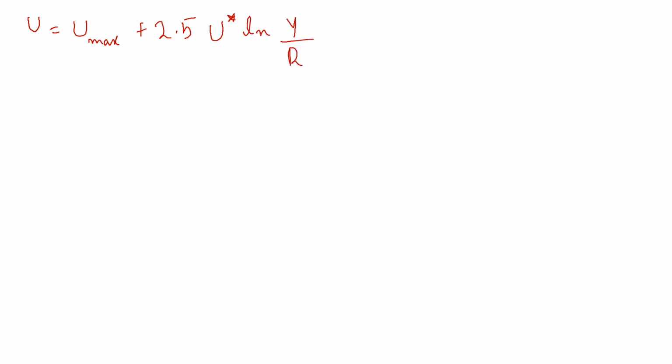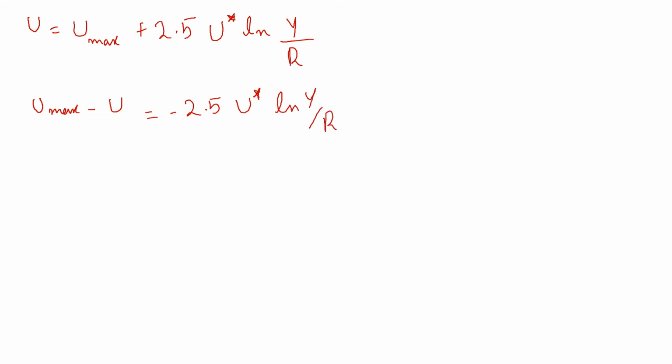So let's simplify that a bit more. u minus u maximum, or you can write it like this, u maximum minus u will give us minus 2.5 u star natural log of y over r.